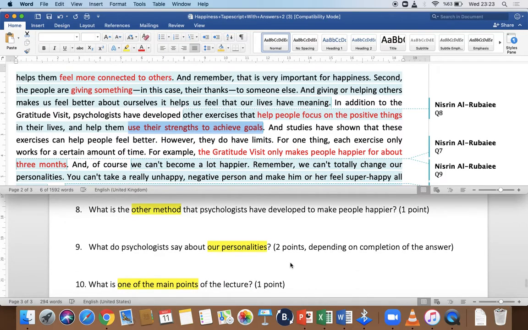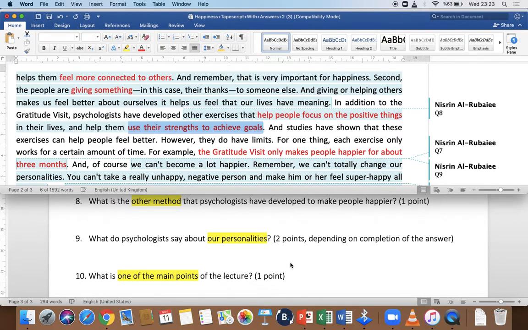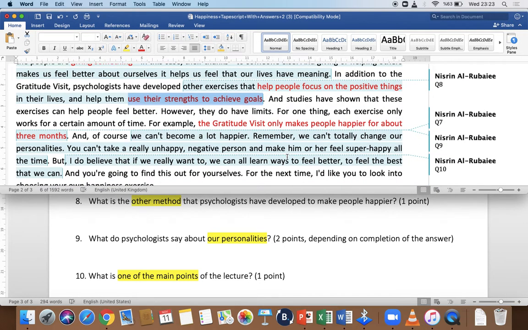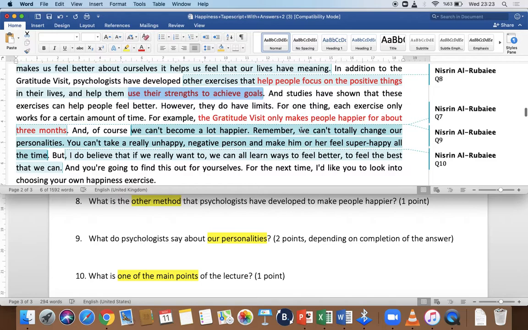And next question, what do psychologists say about our personalities? This is the key point here. We can't totally change our personalities. You should write it here. You can't take a really unhappy, negative person and make him or her feel super happy all the time, and so on. But the key sentence here is this.